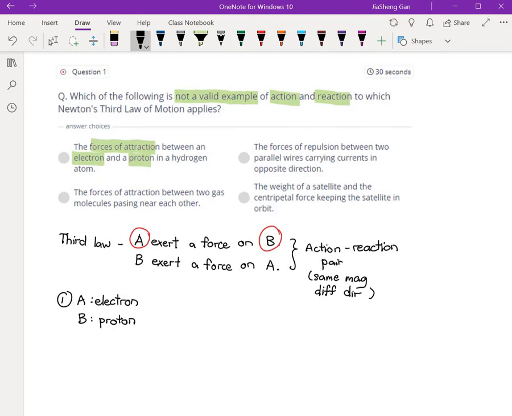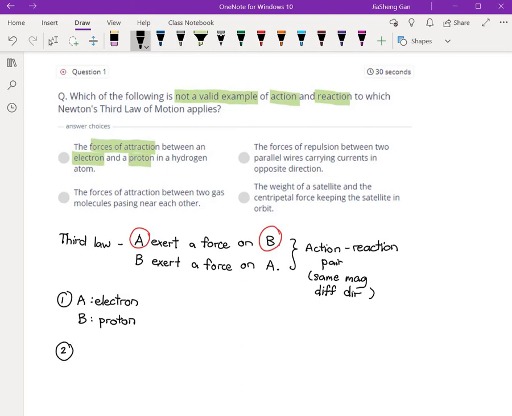The electron will attract the proton. At the same time, the proton will attract the electron. This is a very valid example for Newton's third law because we are able to determine the two objects, and we know that the two objects exert a force on each other, with the same magnitude and different direction. You learn this in semester 2, chapter 1, electrostatics.